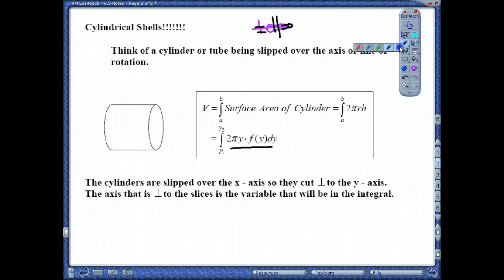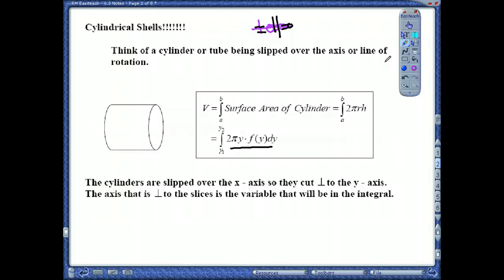Well, we are literally going to be filling that volume with several cylinders. The only way I can describe this is thinking about those Russian nesting dolls. The volume of that outside doll is filled with other dolls. So think about, instead of filling that volume with the same shaped doll, you're filling that volume with cylinders.